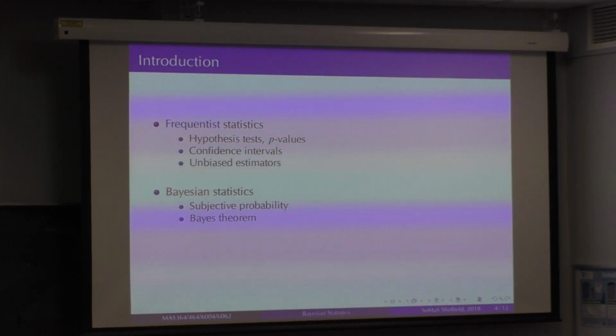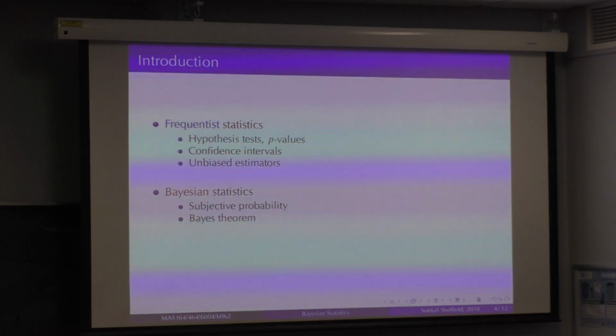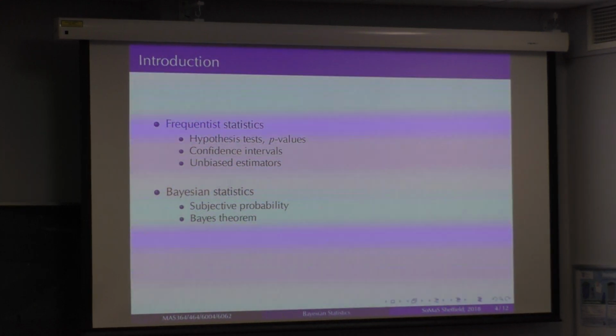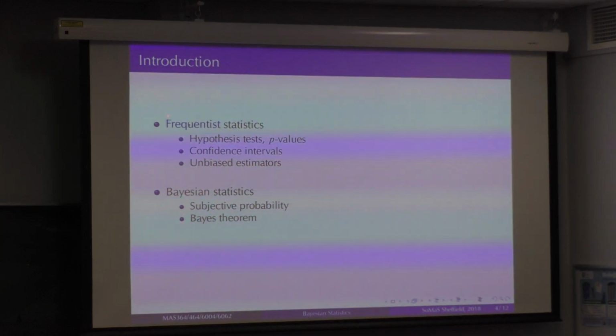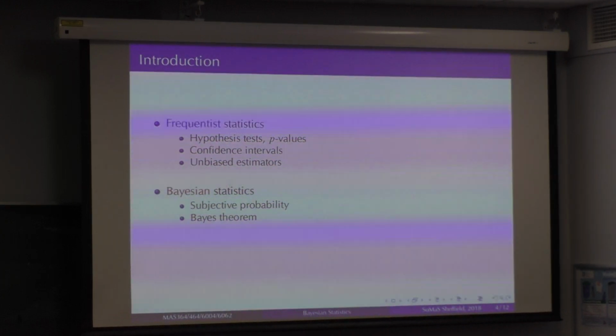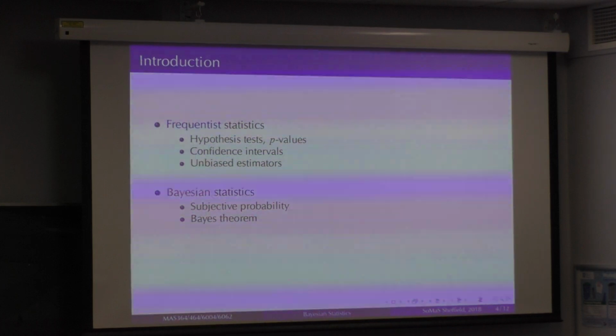Okay, so if we do not like or trust frequentist statistics, what should we do? Well, one option, and the option that we will be talking about this semester, is Bayesian statistics. The main difference between this approach and the frequentist one is the use of subjective probability in Bayesian statistics, and that's what I will talk about today, and Bayes' theorem, hence the name.